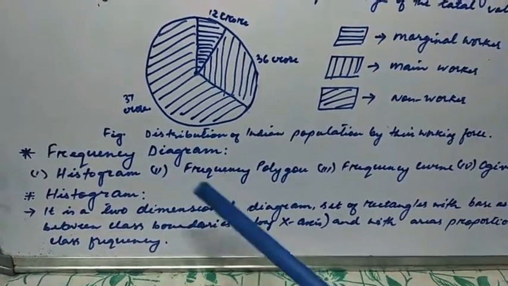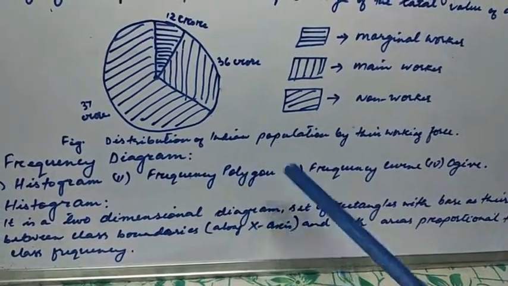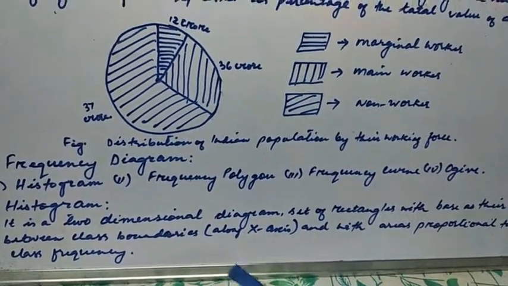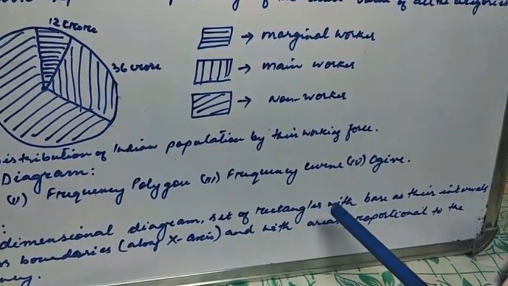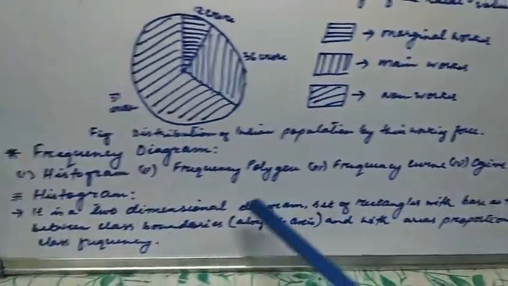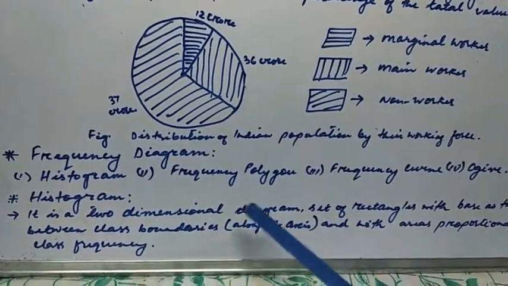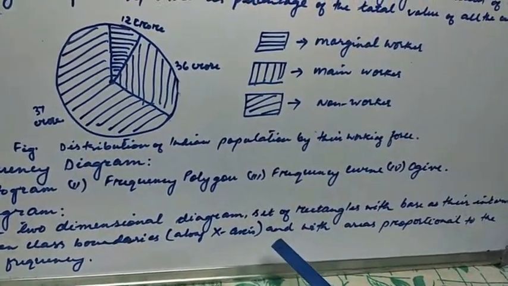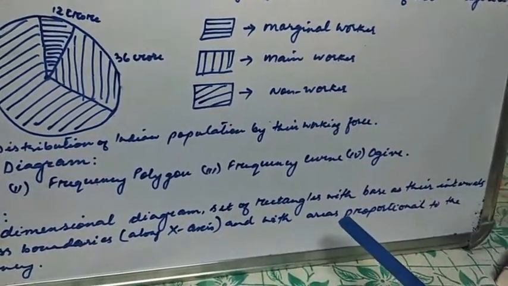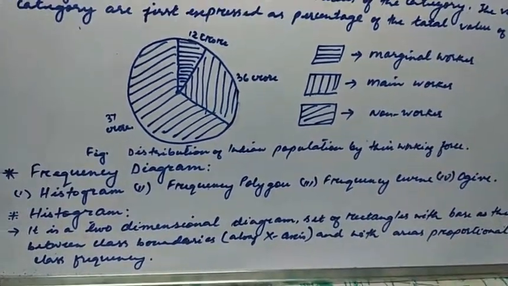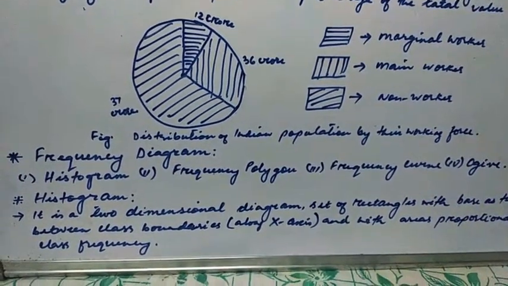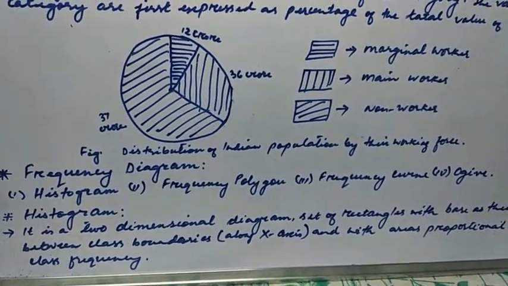So what is a histogram? It is a two-dimensional diagram, and it is also a set of rectangles with base as their intervals between class boundaries along the x-axis, and the height and width areas proportional to the class frequency. We shall make this histogram clear by looking at an example.